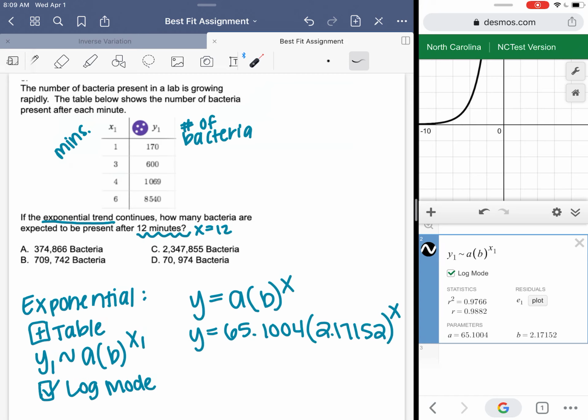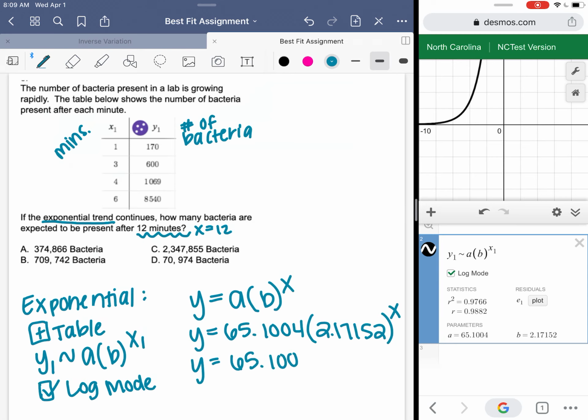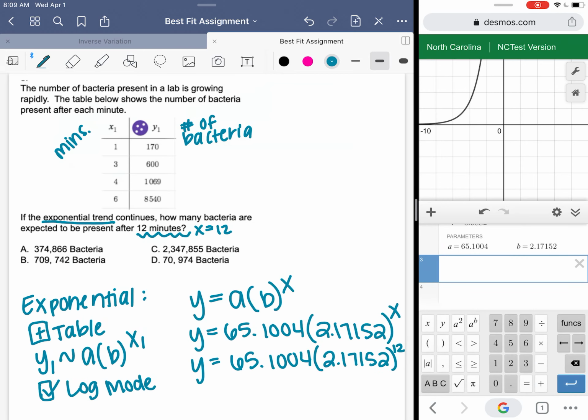So if we multiplied by 2.17152 12 times, in other words, our exponent is 12, that would represent our 12 minutes. Then we can put that value into Desmos and see what it's equal to.